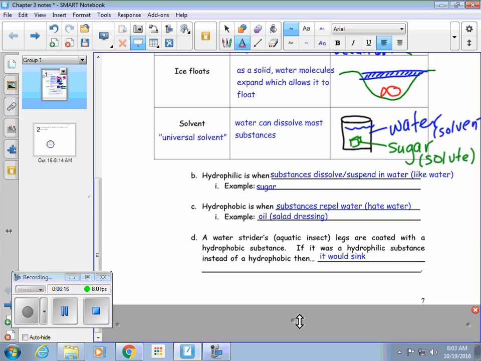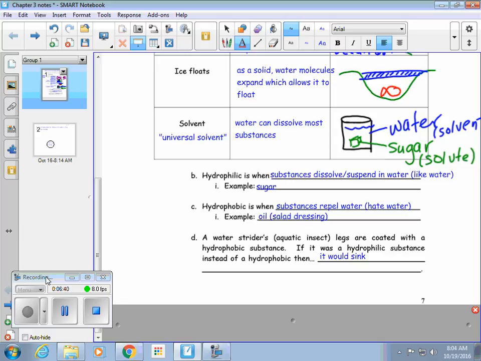And the very last thing I have here are aquatic insects, and they are really cool because a lot of them can walk right on water. And the reason why they can walk on water is because their legs are coated with a hydrophobic substance. So every time one of their legs touches the water, that substance does not want to mix with the water.